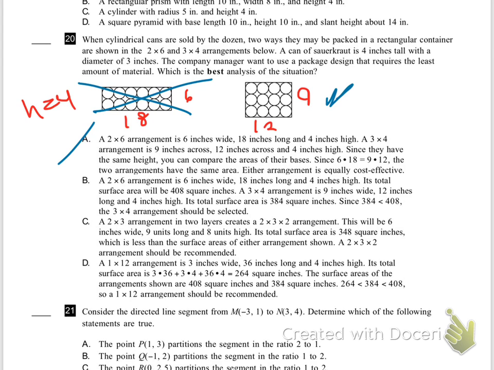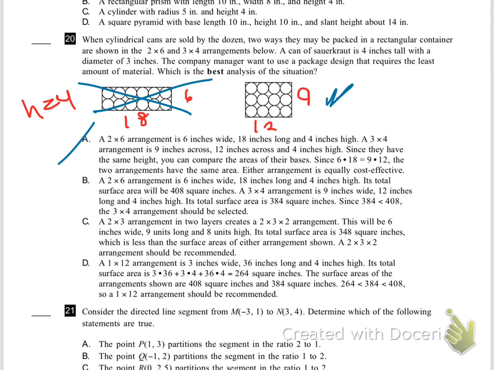If we look at option C, that's the one that's got 2 layers. So 6 inches wide, 9 inches long, and 8 inches high, because we've got 2 by 3 and then 2 tall.